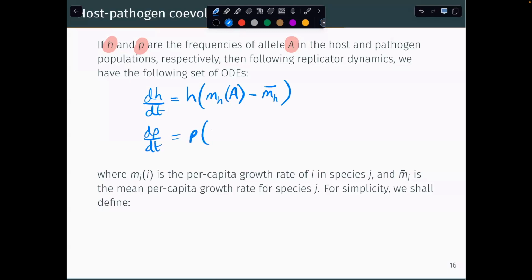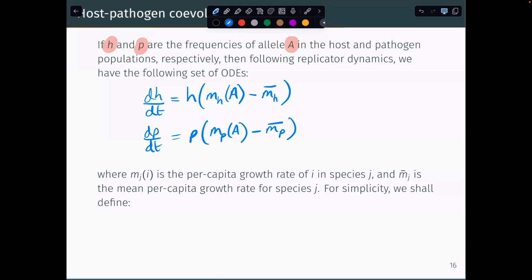And similarly for the pathogen population, the change in frequency of allele A is going to be dP/dt, which is P, the frequency of allele A at the moment, times the per capita growth rate, in this case fitness ends up being the same thing, of allele A minus the mean of the population.